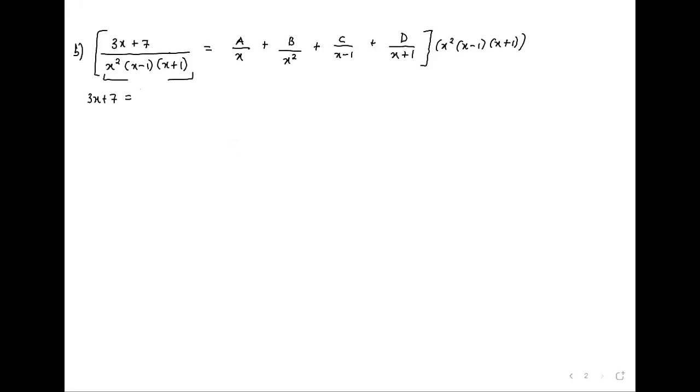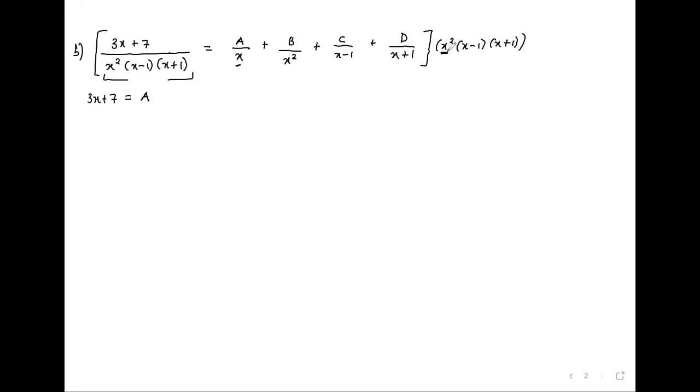So we have 3x plus 7 after multiplying this guy by that one there. And then this is equal to a, this x, when you multiply, it will take out one of the x from x squared, but it will do nothing to x minus 1, x plus 1.